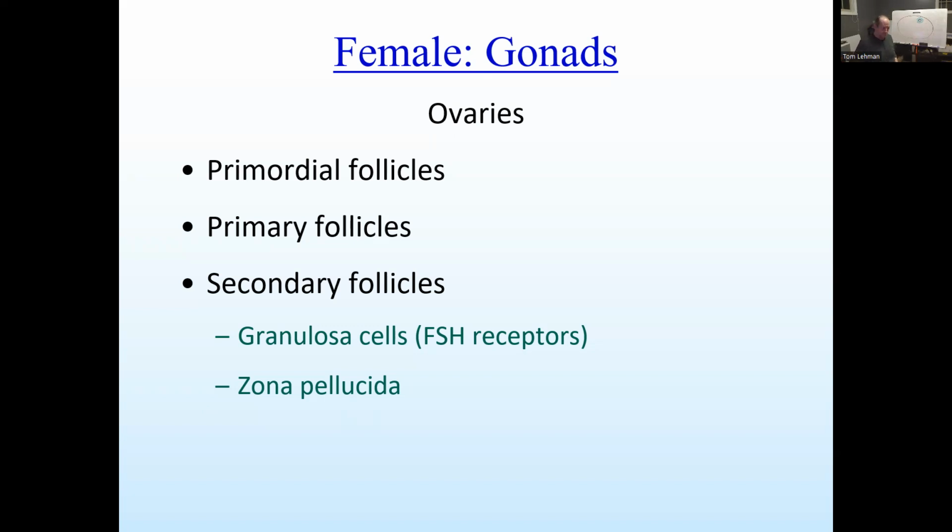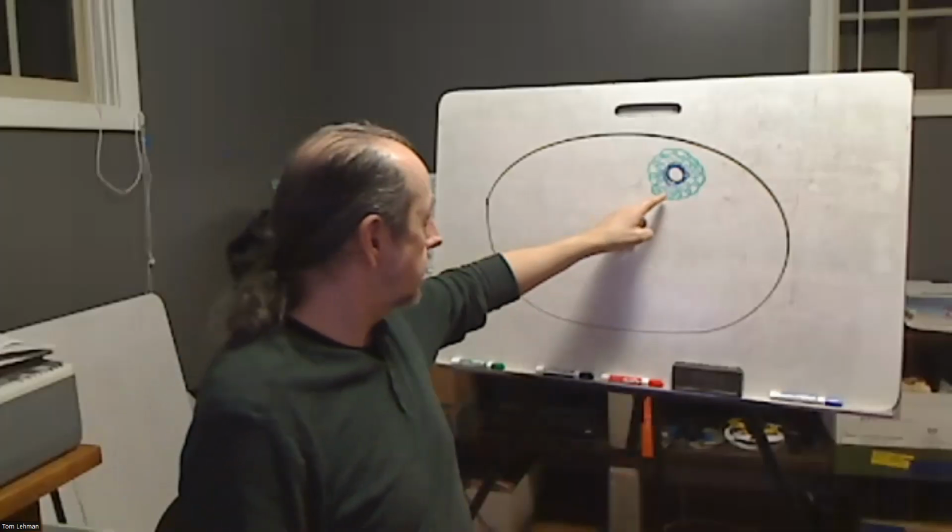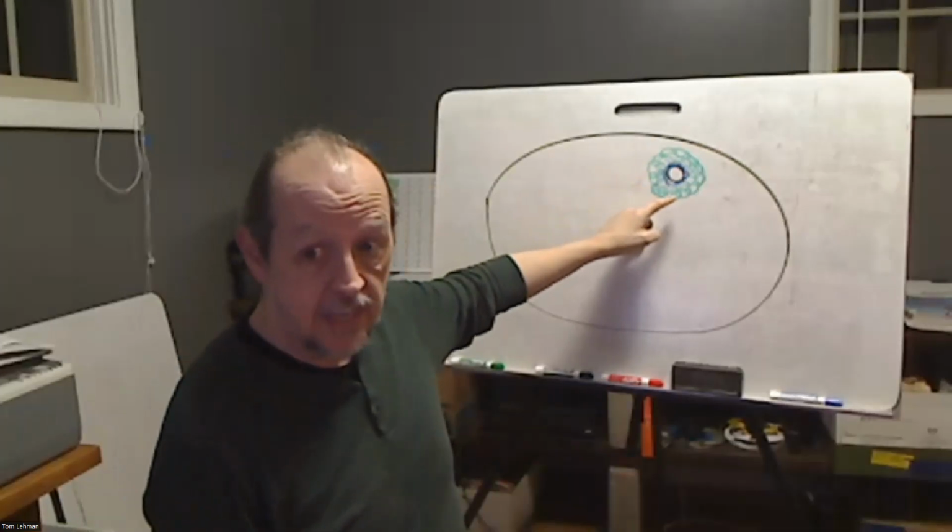Now, the inner layer of those thecal cells are now going to turn on a gene to create FSH receptors, and those cells are now called granulosa cells. So the outer layer of cells are still thecal cells.